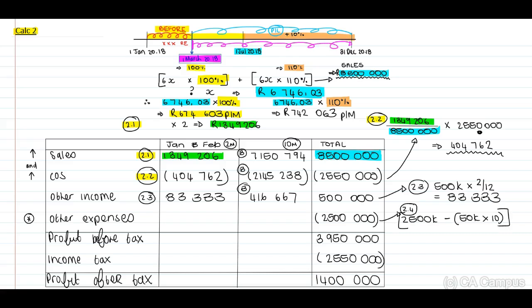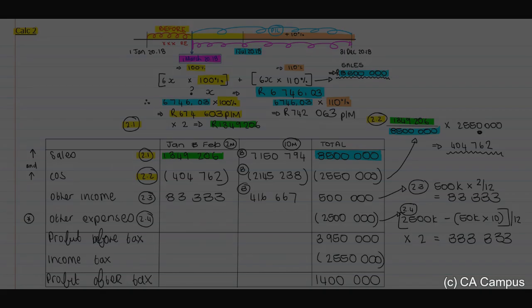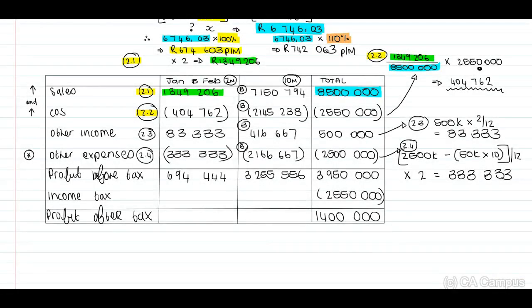Divide the total by 12 months times 2. And this will be 333. Same principle applies, guys. We need to include this in our January and February and include our balancing figure. I've included our other expenses calculation 2.4 as well as the balancing figure and the profit before tax.